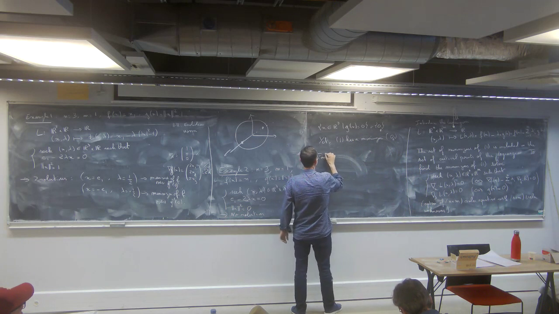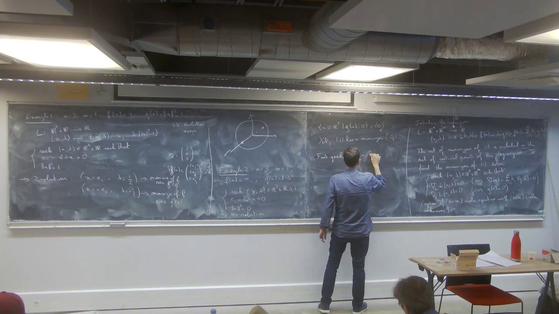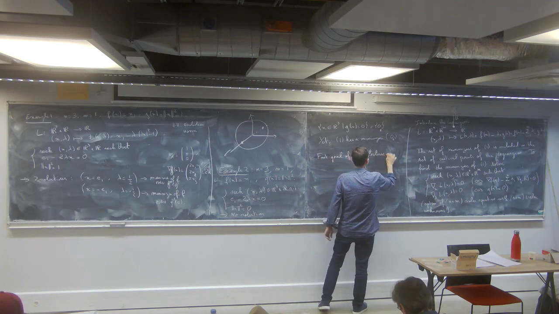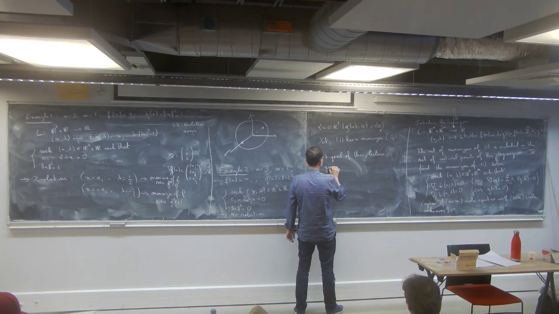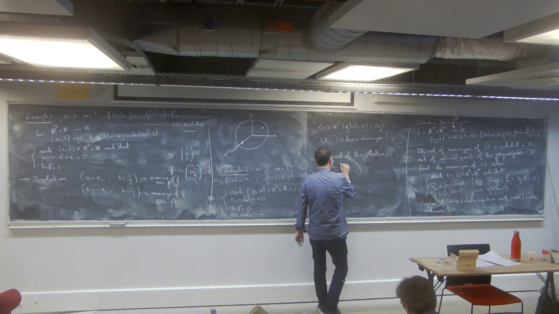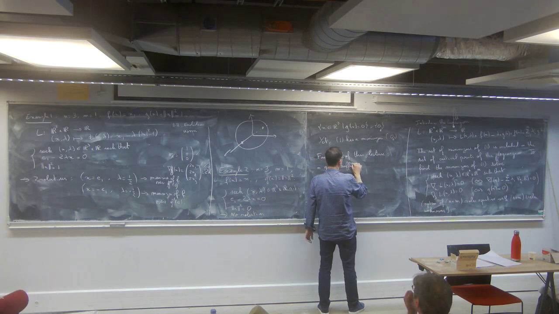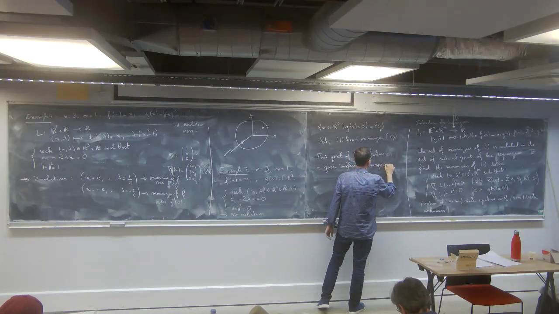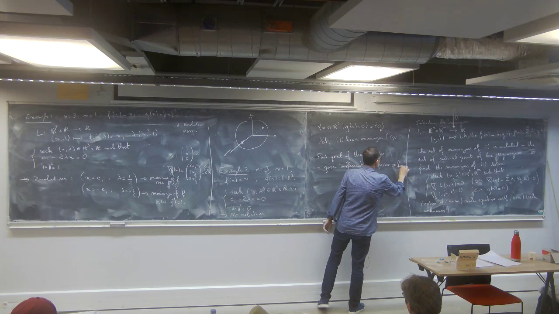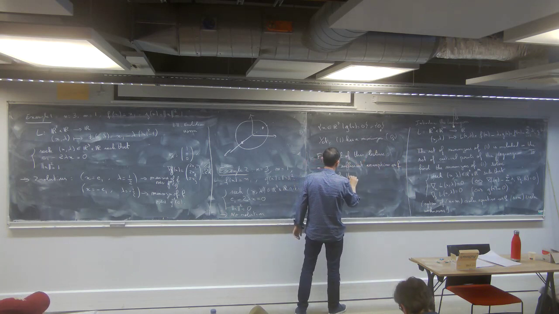Let's say the first goal of this lecture: give sufficient assumptions on F and G for the Lagrangian trick.